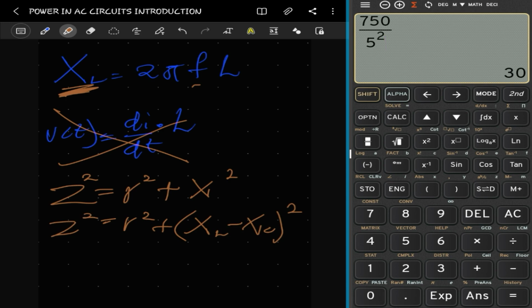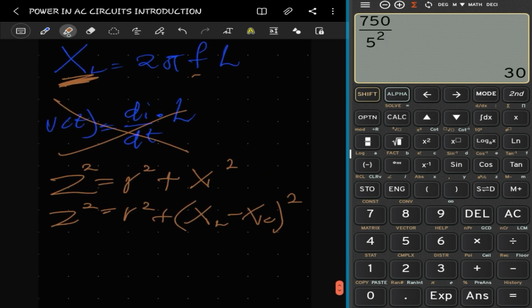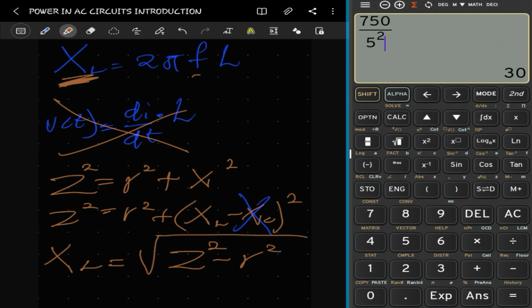We need XL to find our L. In this case, you don't have a capacitor, so there's no capacitive reactance, so this goes out. So XL will be Z squared minus r squared, and then we take the square root of that. And that will give us our XL.